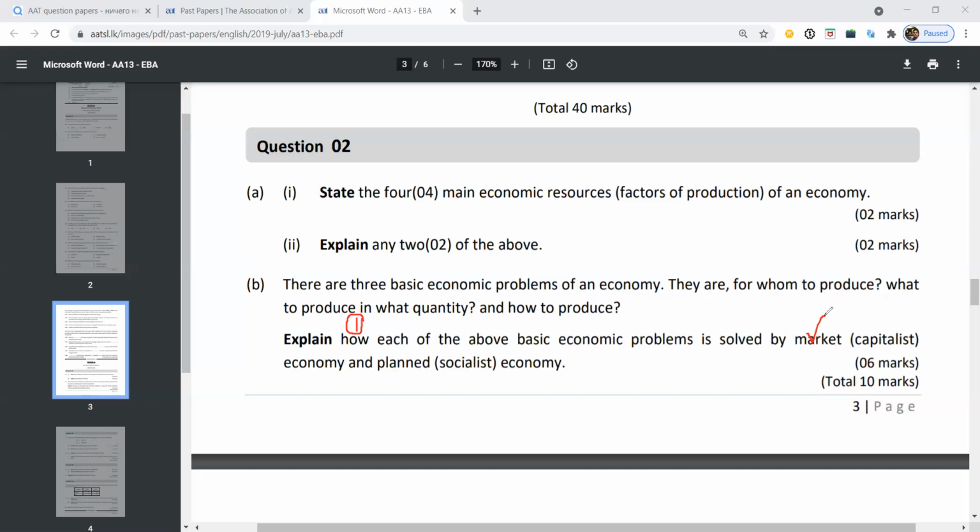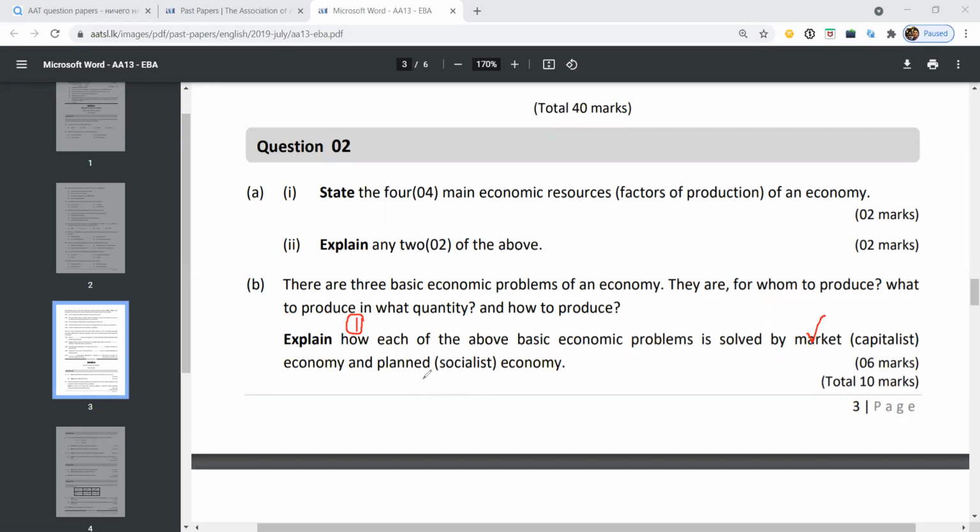The scarce resources of private producers are allocated in order to make a profitable item. It is called what to produce, what quantity to be supplied. That's how the capitalist or market economy solves this matter by considering relative prices, and they supply the most profitable goods, most profitable products.